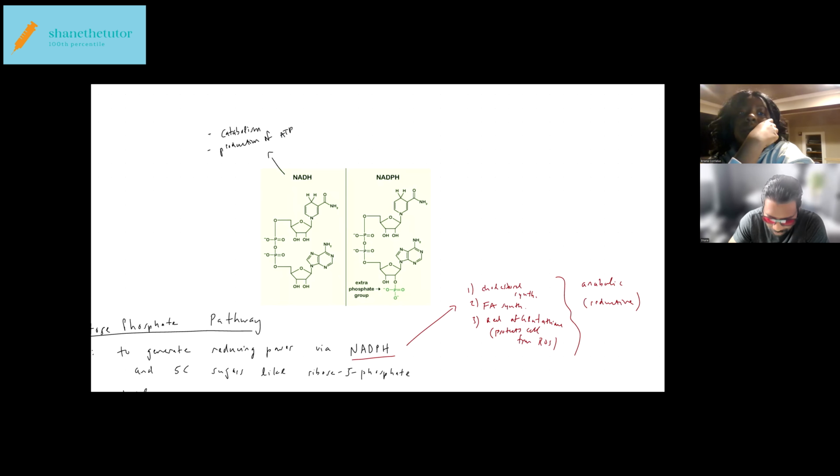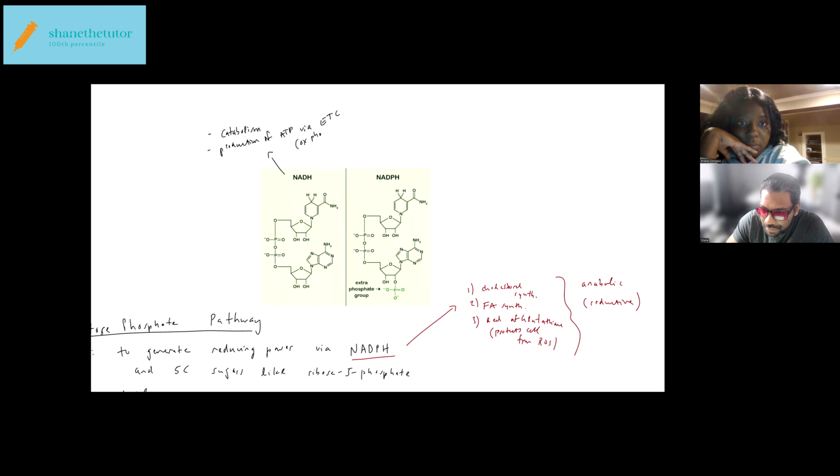Because if you think about it, where's the last place that NADH goes? The electron transport chain. Exactly. That's where it gives its electrons to the complexes, and those give them ultimately to oxygen, and you produce ATP that way, in oxidative phosphorylation.